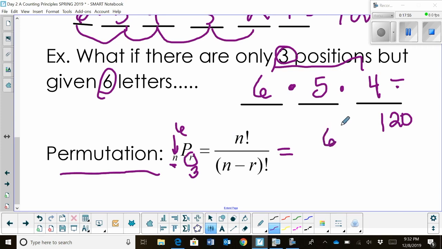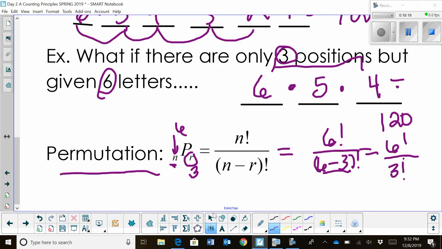So let's write 6 factorial over 6 minus 3, which is n minus r, all factorial. So we're going to take the difference between the two and take that factorial. So in this case, we have 6 factorial over 3 factorial.